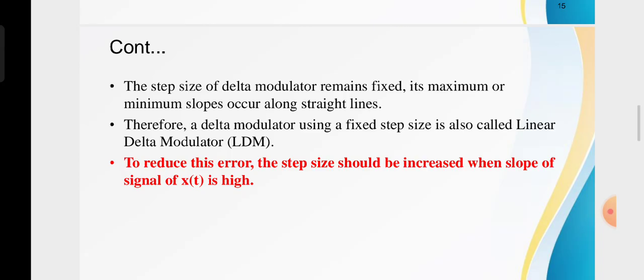This quantization error is called slope overload distortion. The step size of the delta modulator remains fixed. At its maximum or minimum, the slopes occur along straight lines. Therefore, the delta modulator using a fixed step size is also called a linear delta modulator. To reduce the slope overload distortion, the step size should be increased when the slope of signal x of t is high.